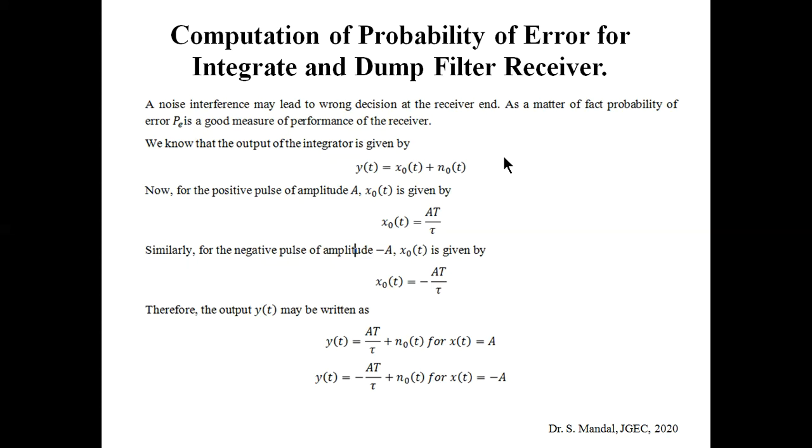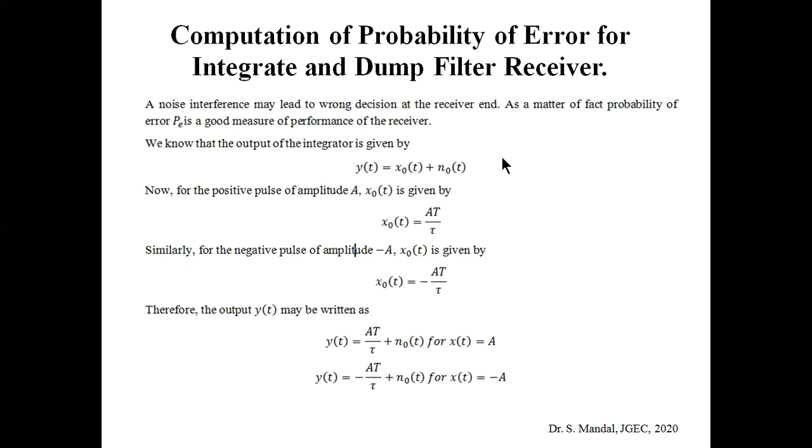Then we know that the maximum amplitude of the input for 1 is plus A, and for 0 it is represented by minus A. So what will happen if a polar NRZ line coding type of signal is passing through the integrate and dump filter? In that case, the output for the positive pulse, or for 1, will be x naught t equal to AT by tau, whereas the output for the negative pulse, or 0, will be minus AT by tau.